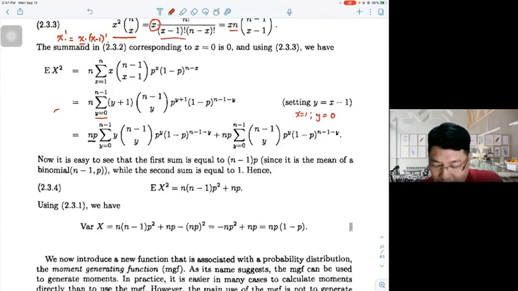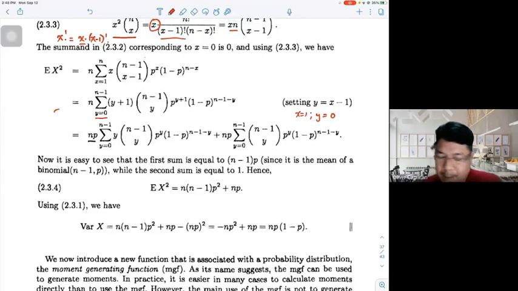The first term would mean that the expression in the summation symbol here would sum to equal 1. Or rather, the first sum is equal to n minus 1 times p.